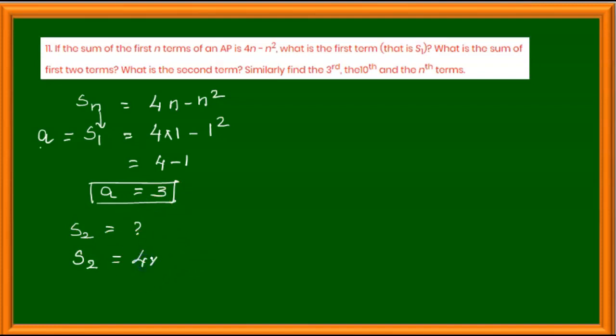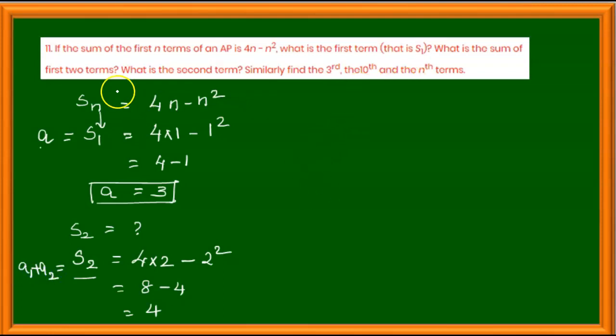So 4 into 2, minus 2 square. 4 into 2 is 8, minus 2 square is 4. So we are getting 4 here. Understood? This is the sum of two terms, the first term and the second term. This we can also write as A1 plus A2.